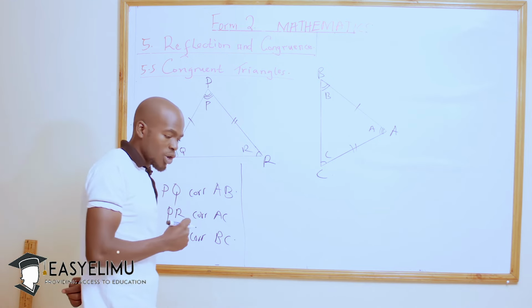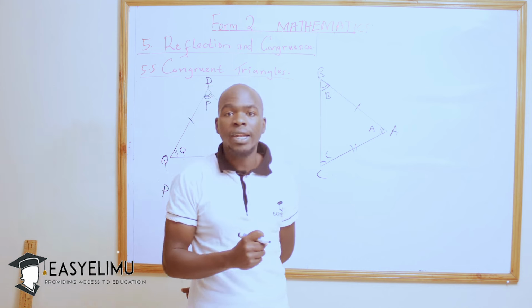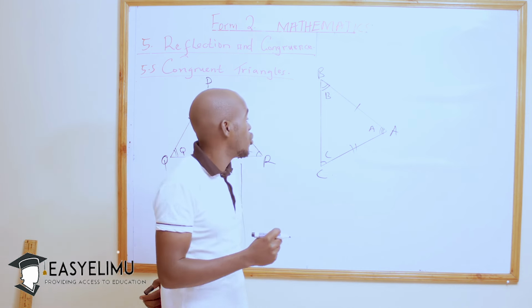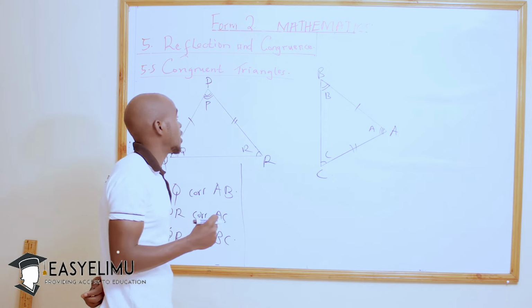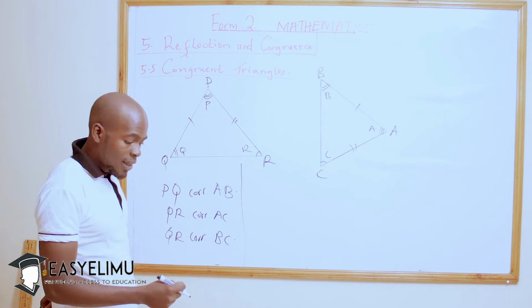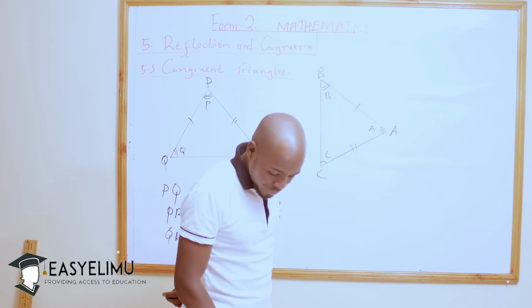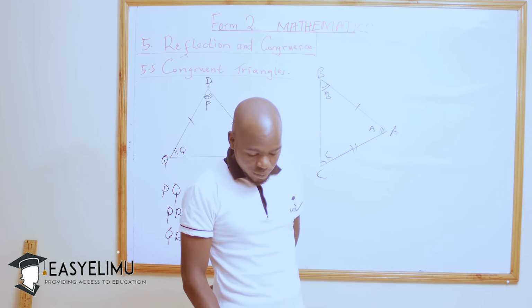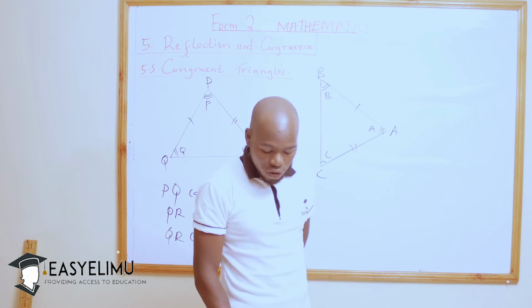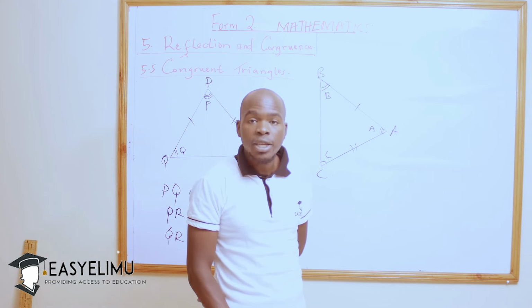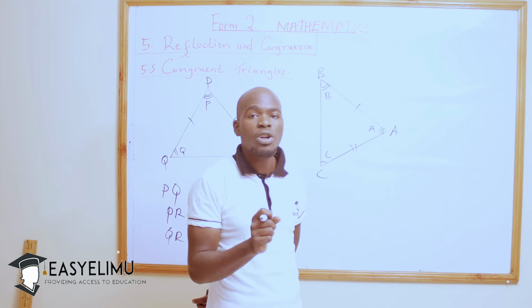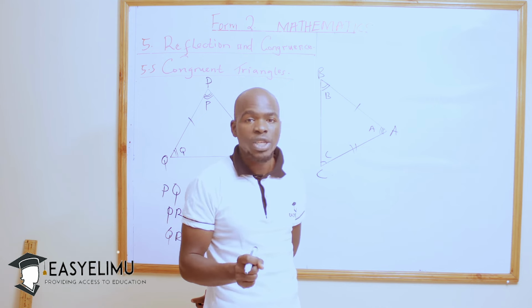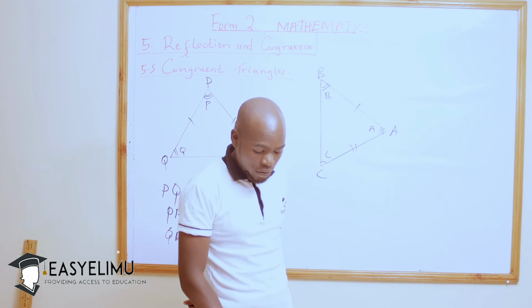We have some more cases which you may encounter while working out congruency in triangles, such that you will have two or more triangles satisfying any of the following. Then you will say they are congruent according to the rules which we shall be looking at.